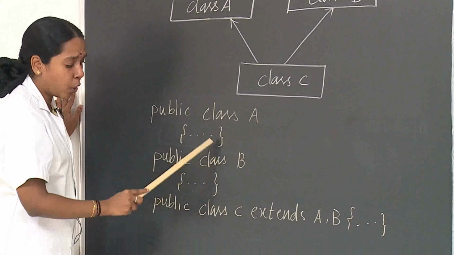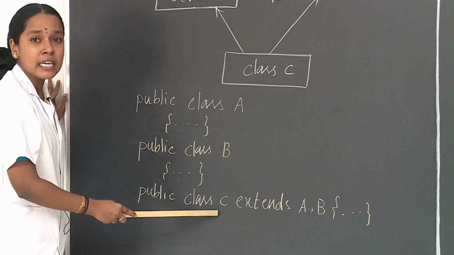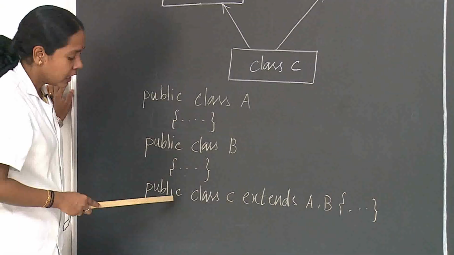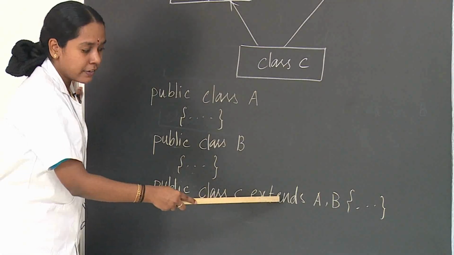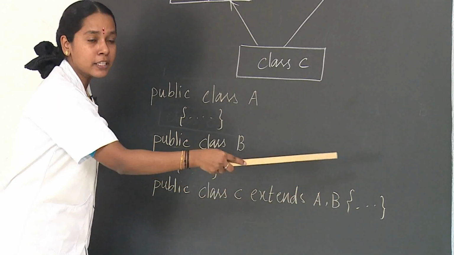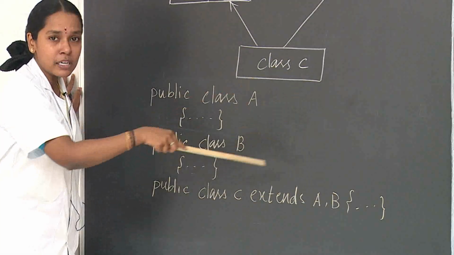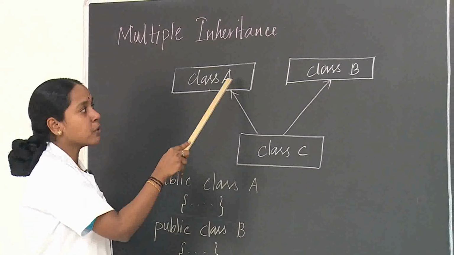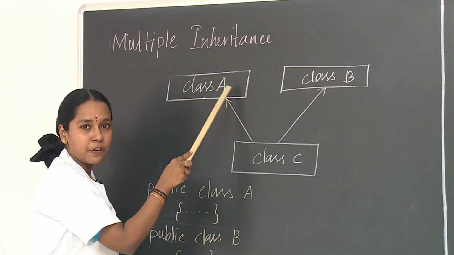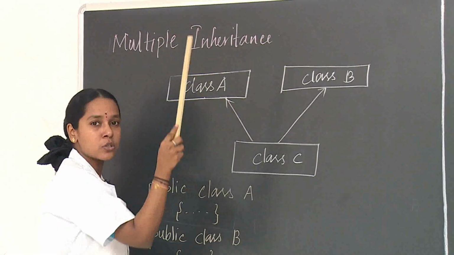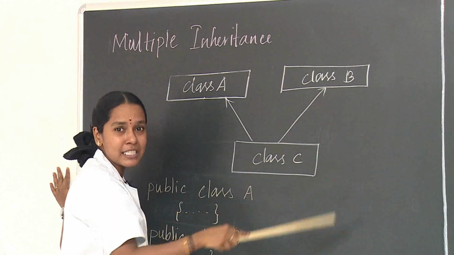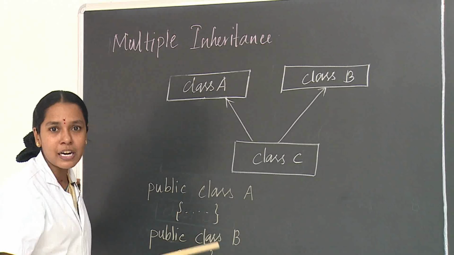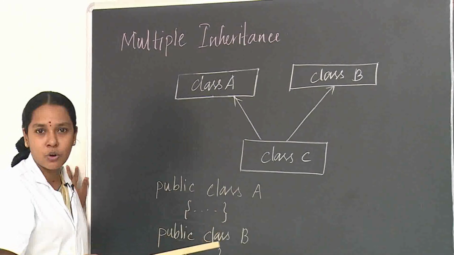Using these two I derive class C, that is the subclass. Okay. So public class C extends class A and also class B. The problem we face here is, if I use an add function in class A and also an add function in class B, some confusion will occur. For that purpose we go for an interface.